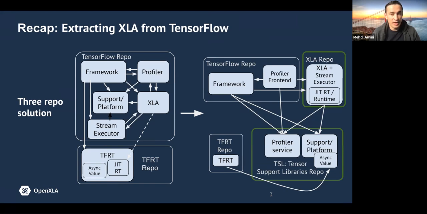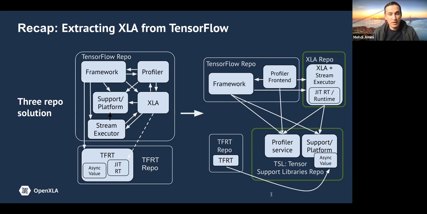Some of it is also used by JAX. It contains services for the profiler, which is only the code to start a profiler session and record events. Also, all the cross-platform support libraries, the things that allow us to open files on Windows or Linux with a unified API, manage a thread pool, those kinds of things.